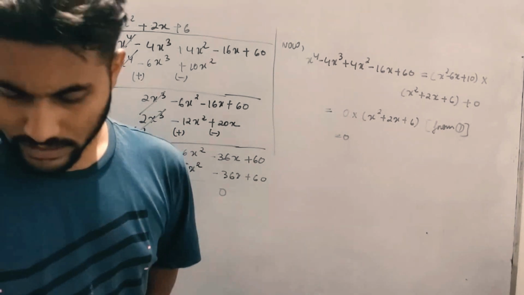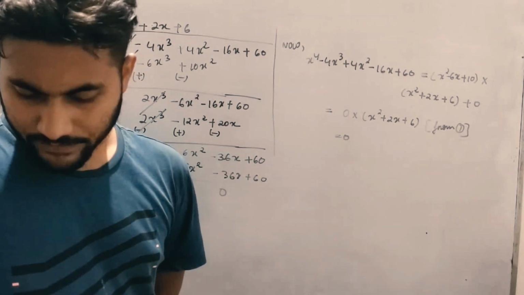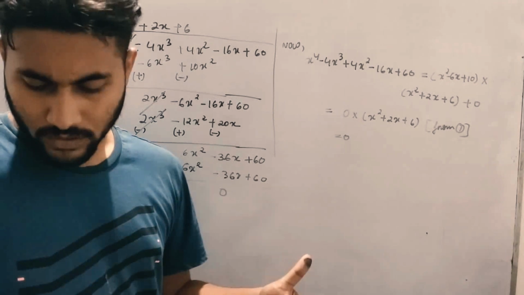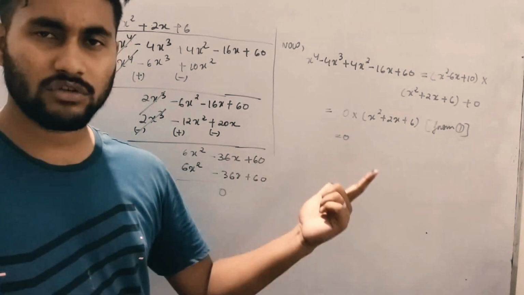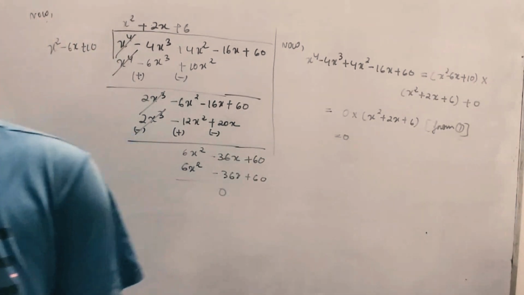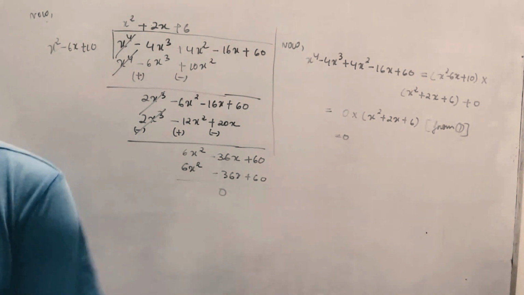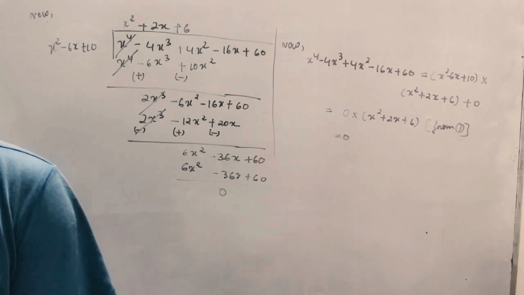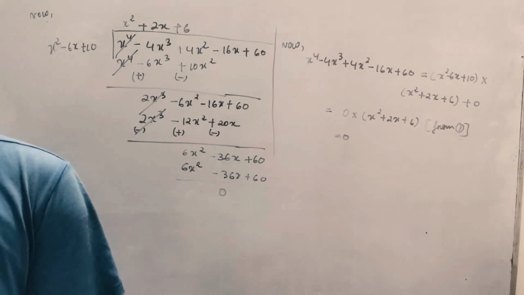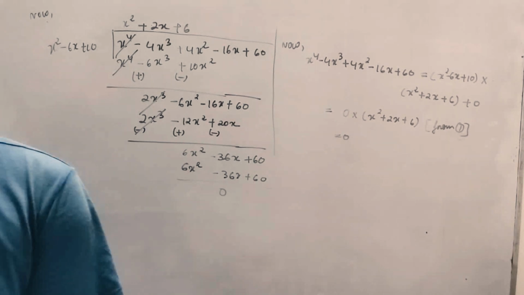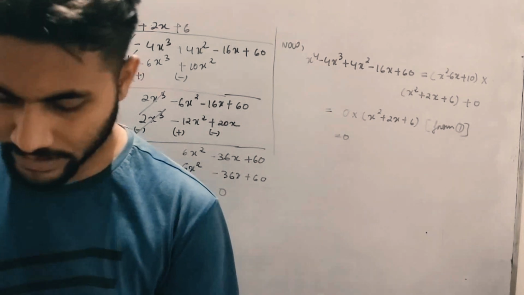Next class. Question number 7 I will not do, because question number 7 is the same as a question in exercise 2.1. In exercise 2.1, question number 7 is similar to this, so you can do it by yourself.